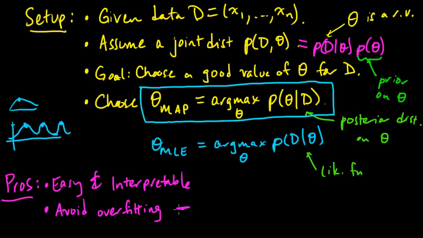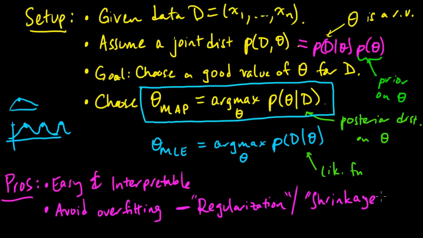And this has a very close connection with what's called regularization, or in other contexts, shrinkage. I won't go into the details of what these are, but they're very closely related to putting a prior on theta and using a MAP estimate.